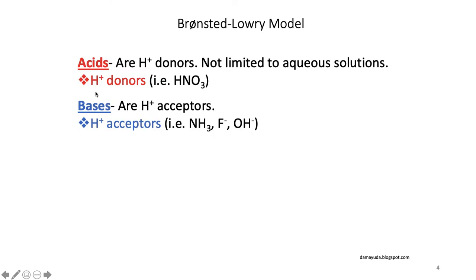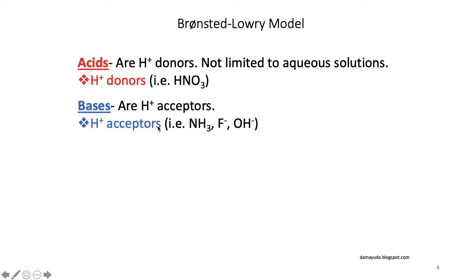It's the same thing. On the other hand, bases are H plus acceptors. That is how the Bronsted-Lowry model defines bases. They're not, once again, limited to aqueous solutions like the Arrhenius model was. Anything that accepts an H plus, a proton, can be a base according to this model.